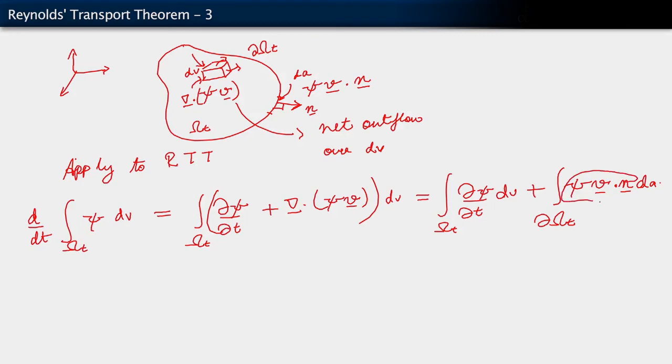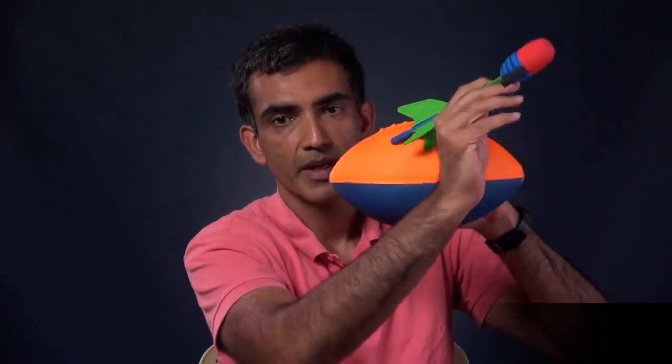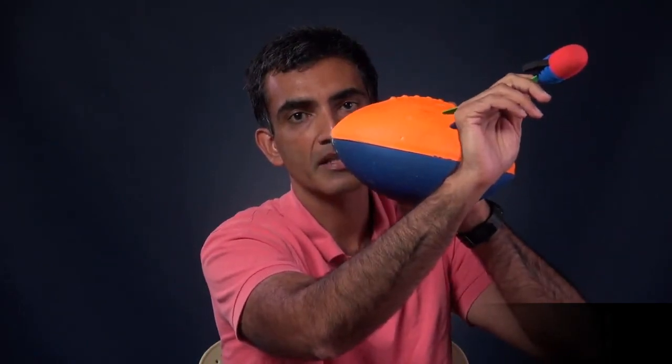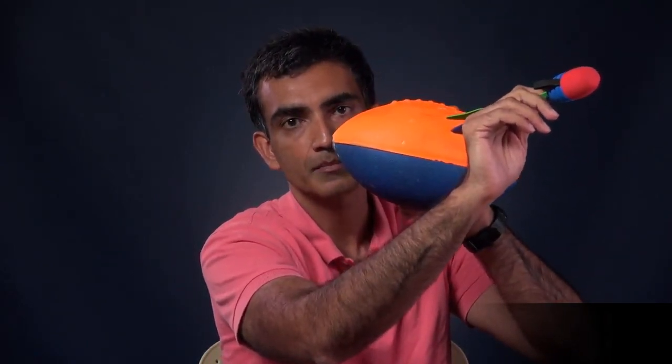At points where v dot n is positive, like here, let me use my approved arrow for this, at points such as this, if the body is tumbling through space in this direction, this is v dot n. When it's tumbling through space in this direction, it is sweeping in points in space and thereby incorporating that field psi at a rate which is given to us by v dot n.